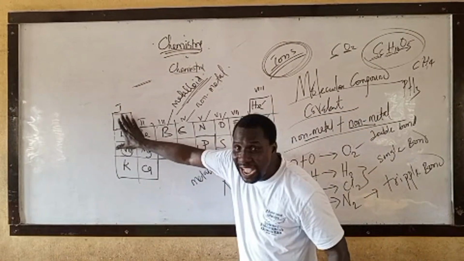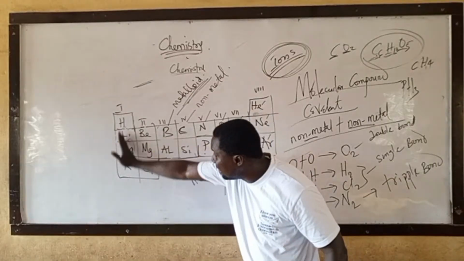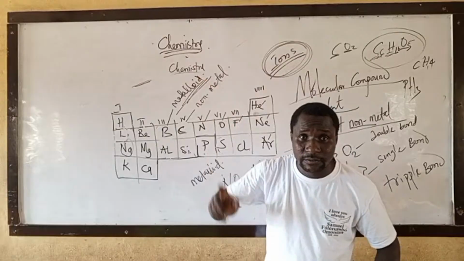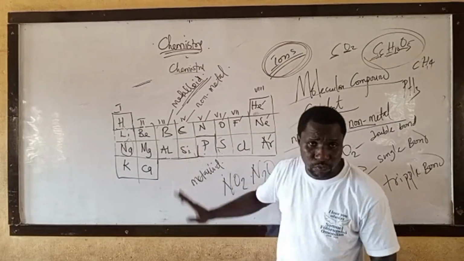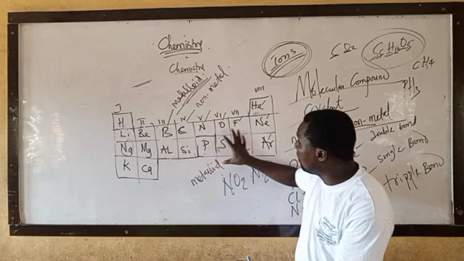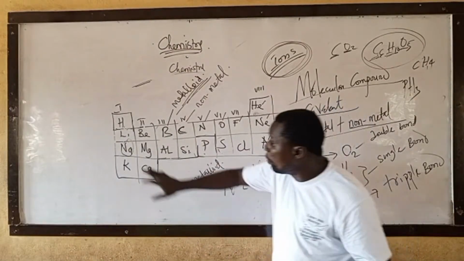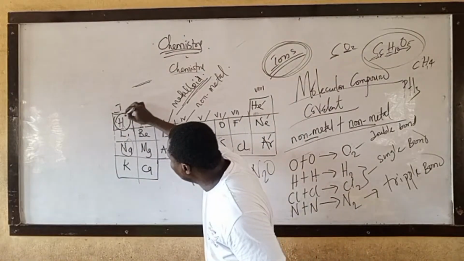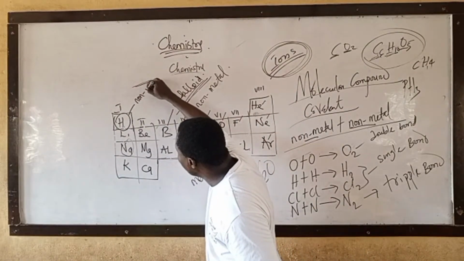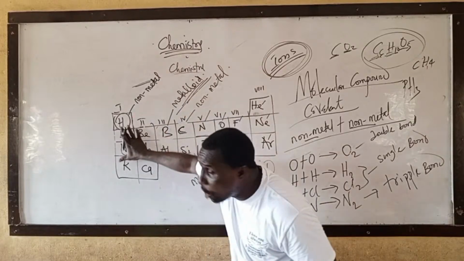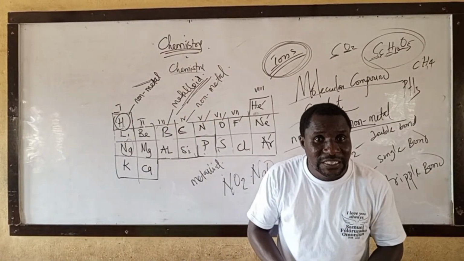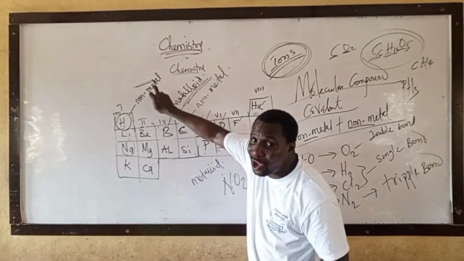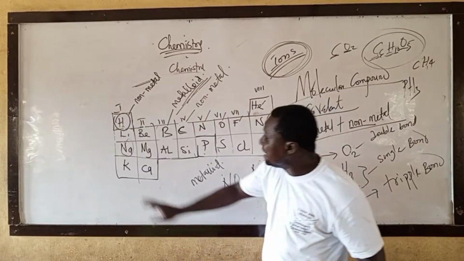Listen, group 1 elements, they are all metals. Please know this table. Know how to draw this table offhand. The group 1 elements are all metals, except hydrogen, which is a non-metal and a gas.